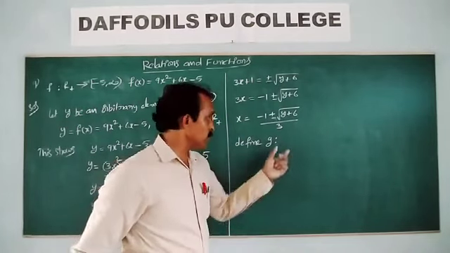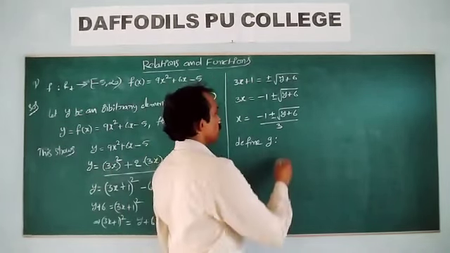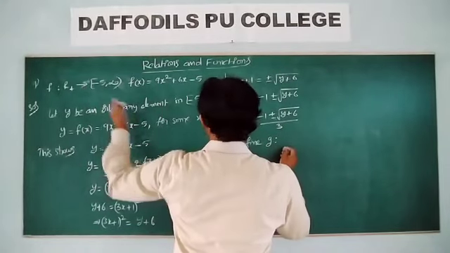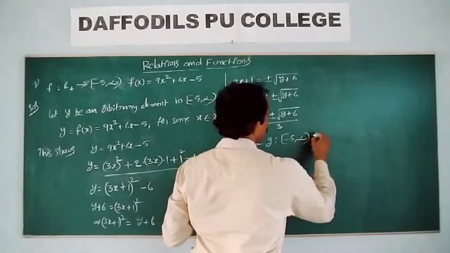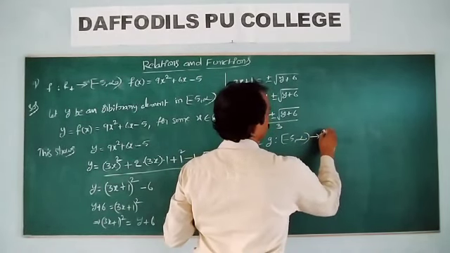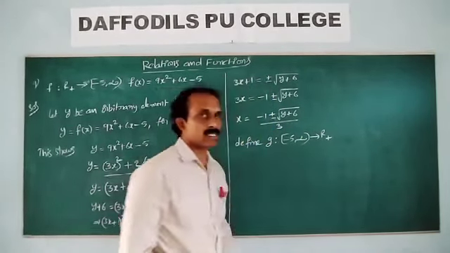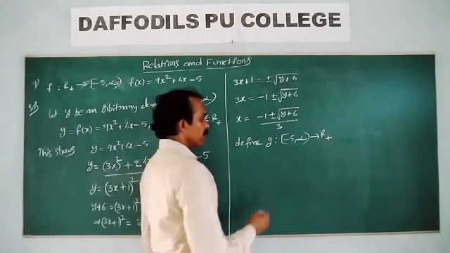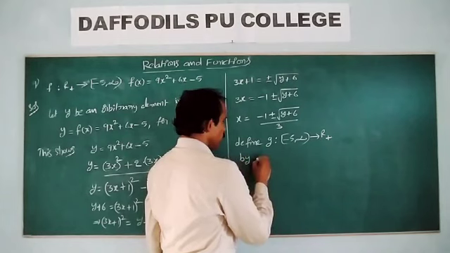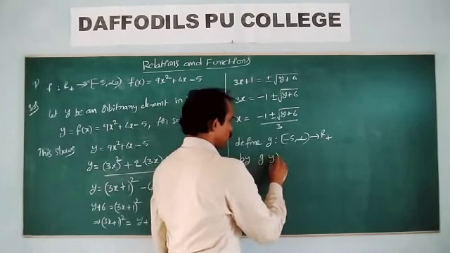Use that concept to define another function. How to define it? g from minus 5 to infinity to R plus, defined by g of y.